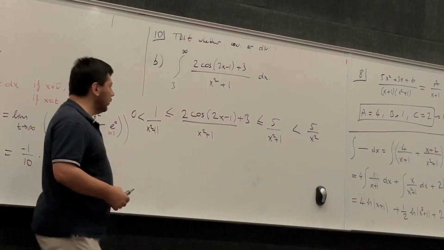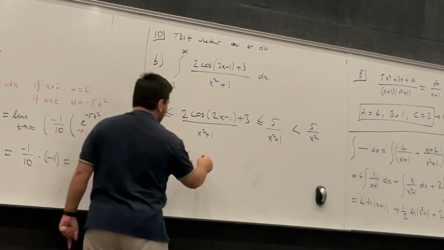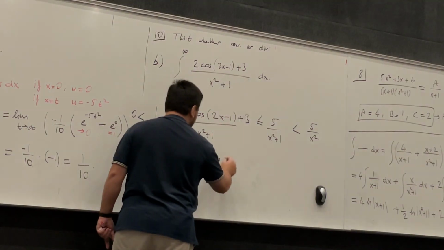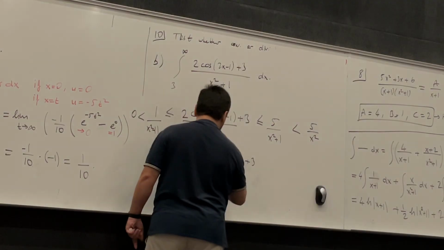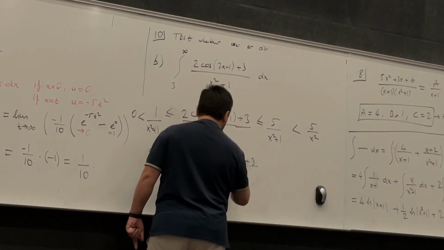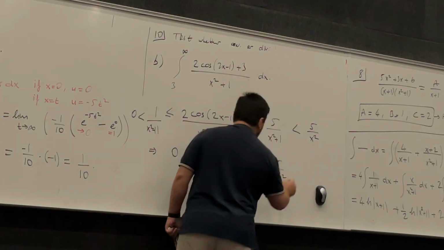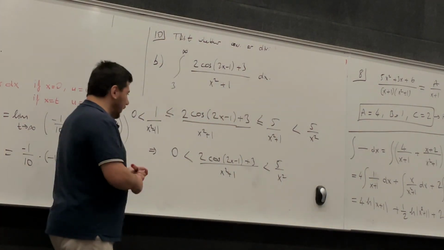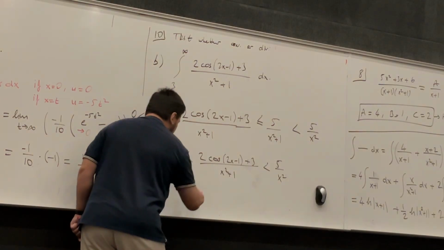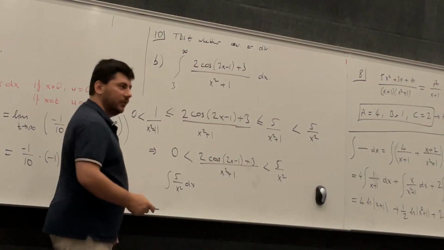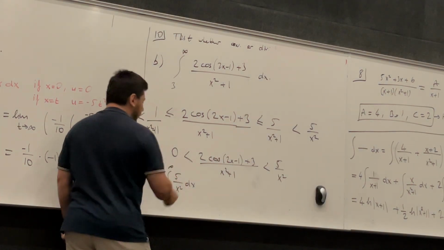But if you change it to this, which means now my function is between 0 and 5 over x squared. Now the limit of 5 over x squared is, this convergent?